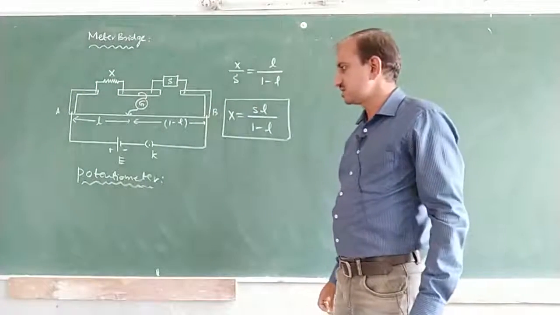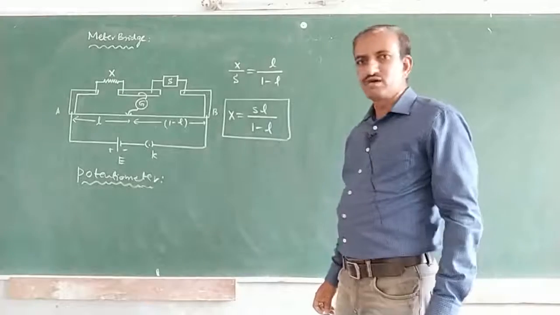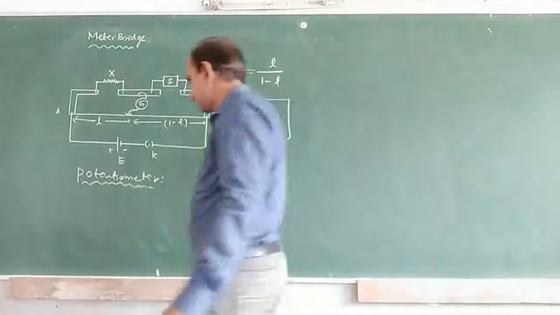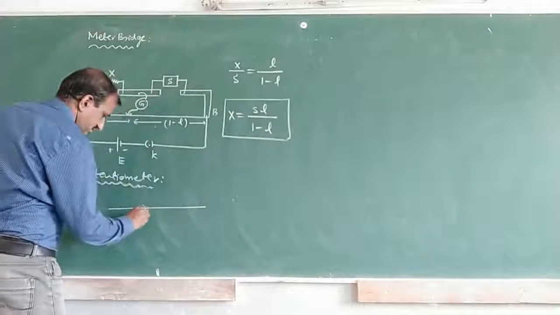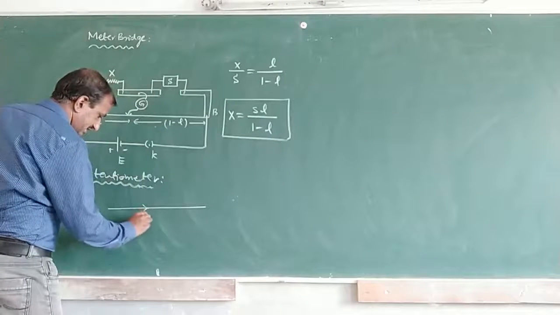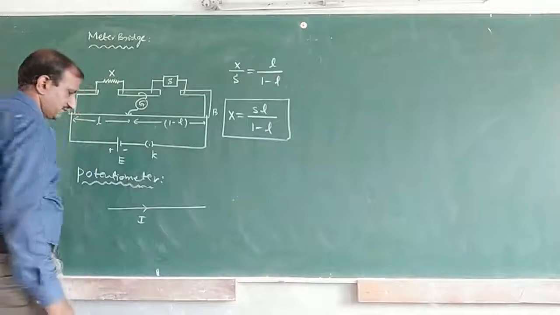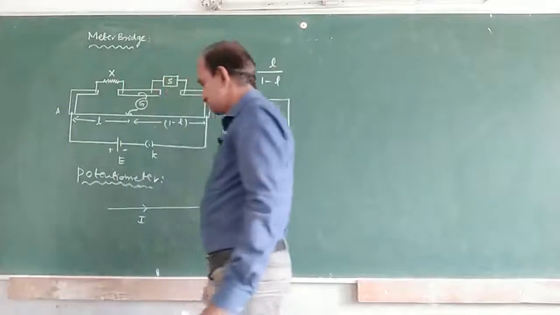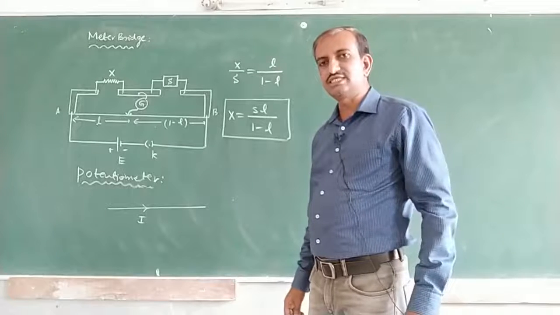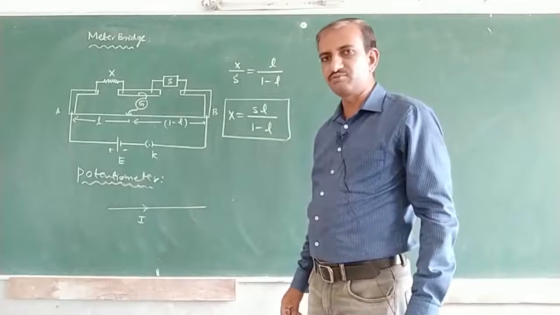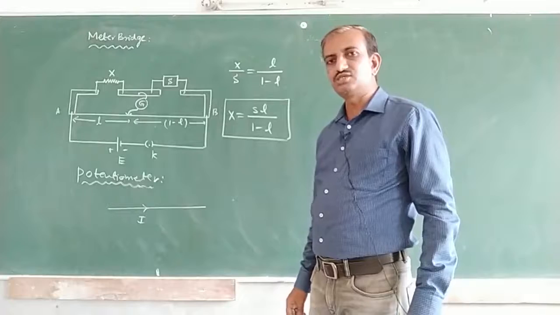Let us study the principle of the potentiometer. What is the potentiometer principle? Suppose this is a wire through which a steady current I flows. Then the potential drop across any section of the wire is directly proportional to the length of that section.